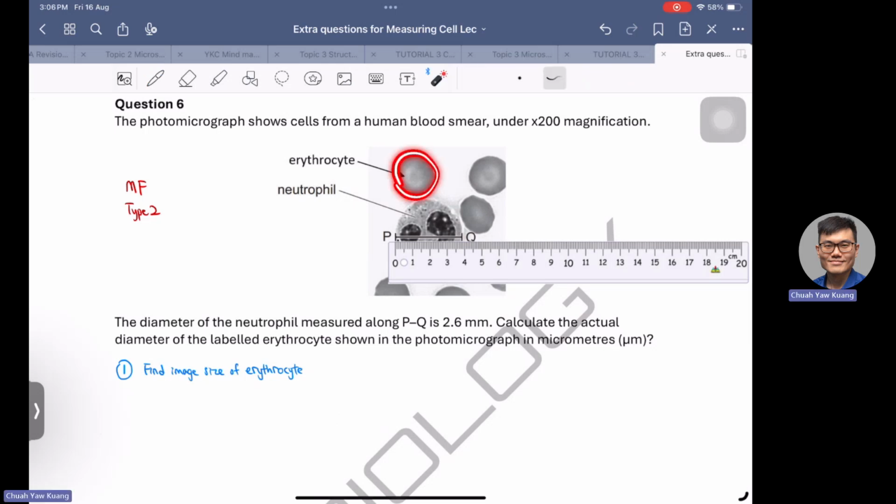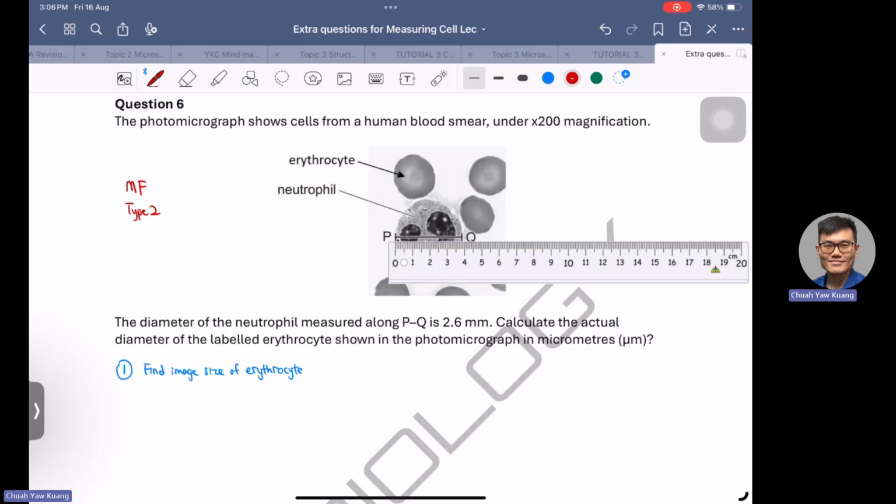Because both of these cells are on the same image, their ratio is actually fixed. The image size of this erythrocyte and the image size of this neutrophil are in a fixed ratio. So based on this, we can write down the ratio first.